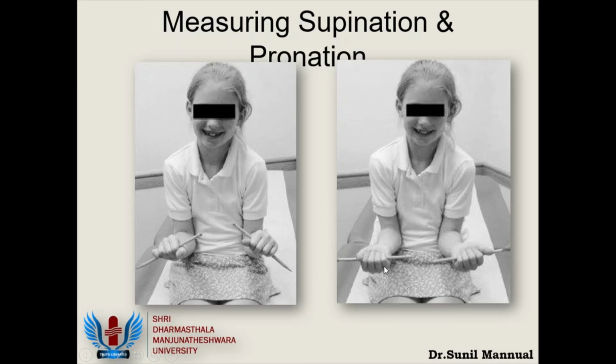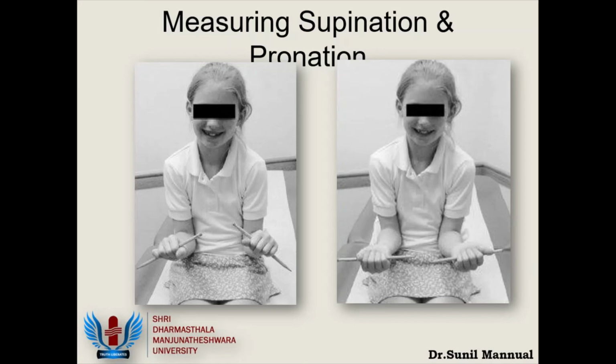And by seeing a difference in the position of the pens itself, you will be able to tell that the patient has got a deficiency in supination, or a deficiency in pronation. The only thing that you should take care of is that the pen or the pencil should be of the same size, preferably of the same make, and held in the same position in both the hands, which will give you uniformity in terms of your final conclusion.